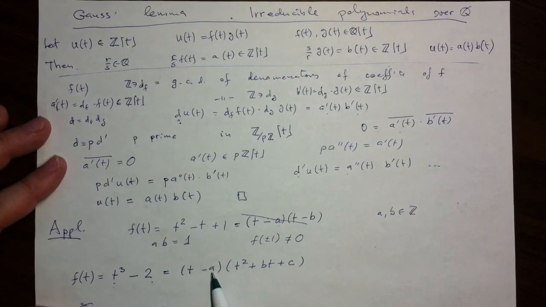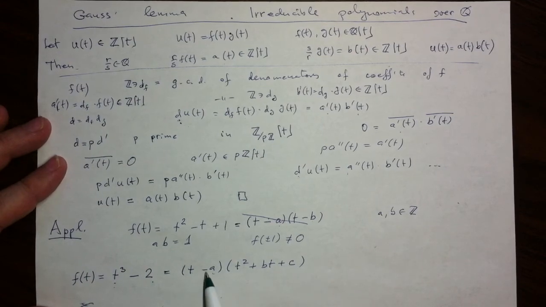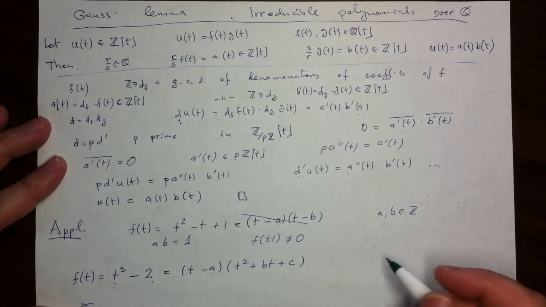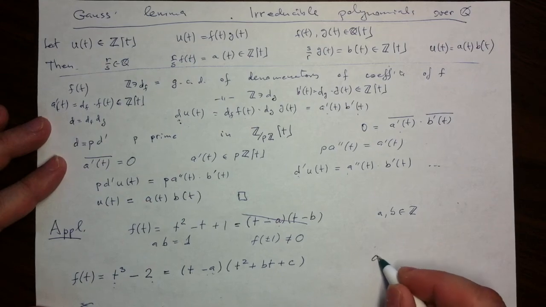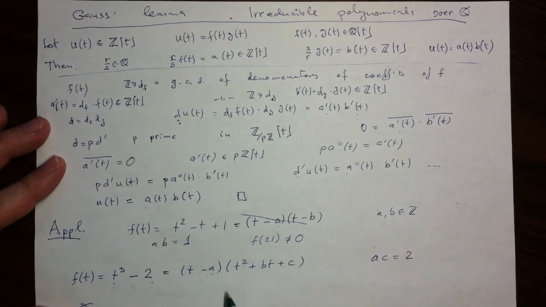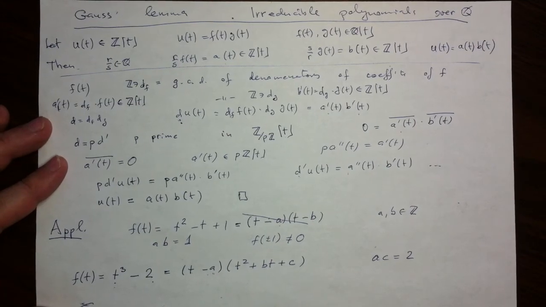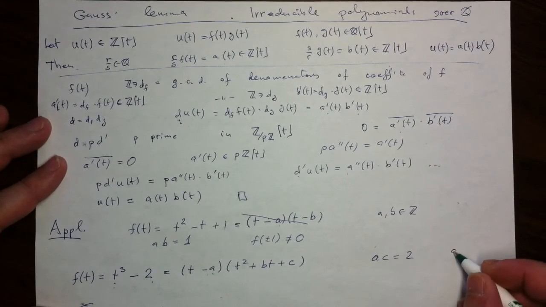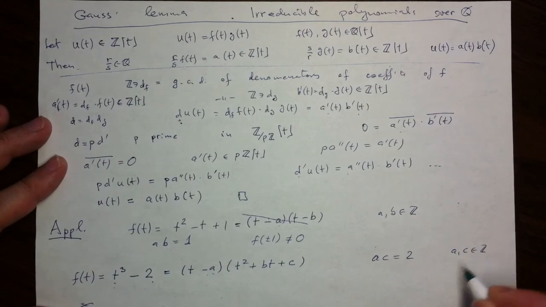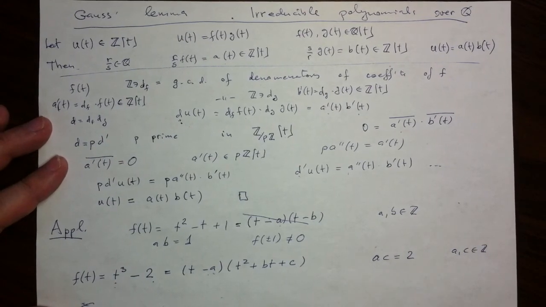And then a will have to be a root, so you could check, knowing a, whether it is a root or not. But what do we know about a? Well, we know that negative a times c is negative 2, so a times c is 2. And again, by Gauss's lemma, we can assume that a and b and c are all integer numbers. So a is a divisor of 2.